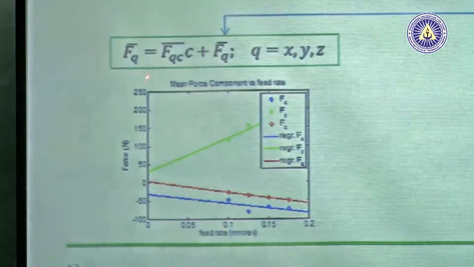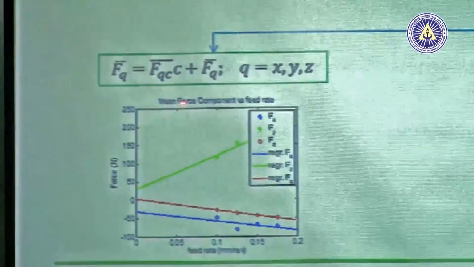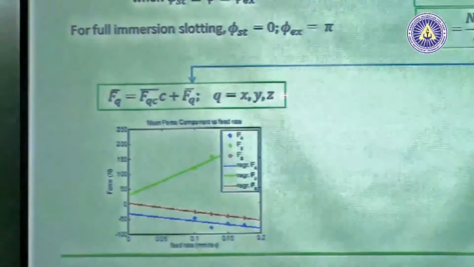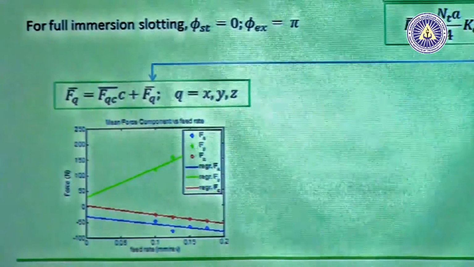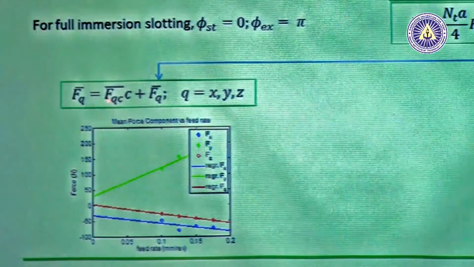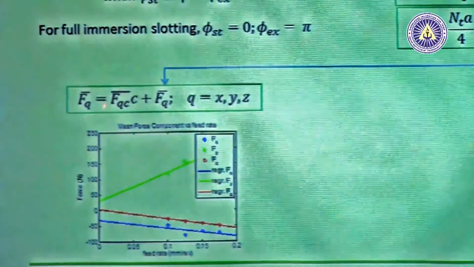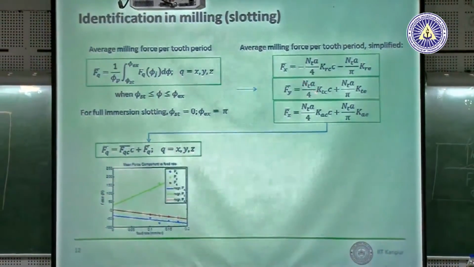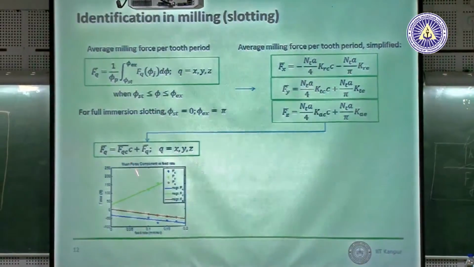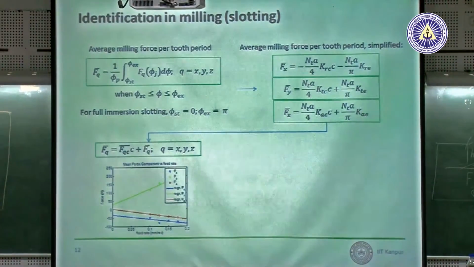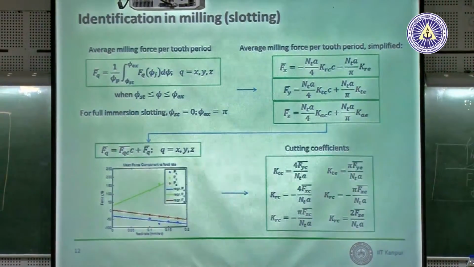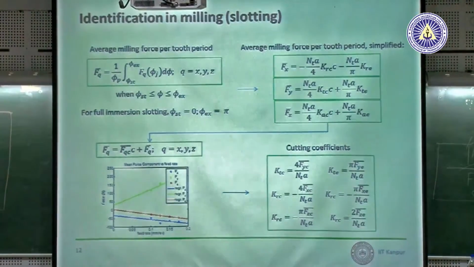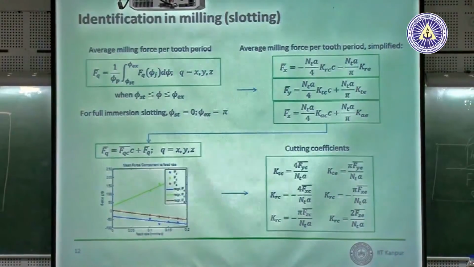And this can be Fq, where q is the index for direction, x, y, z. You can see this bar on the top represents averaged force. So we have the average force from here, and we have the average force measured. Equate these two and you get your cutting coefficients. So you see how we did that.